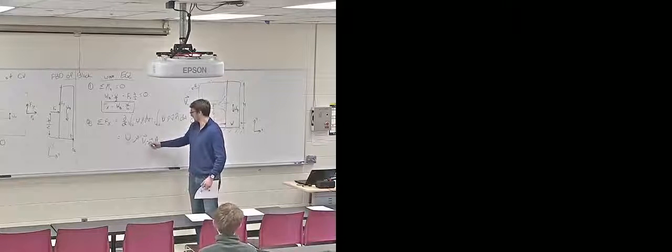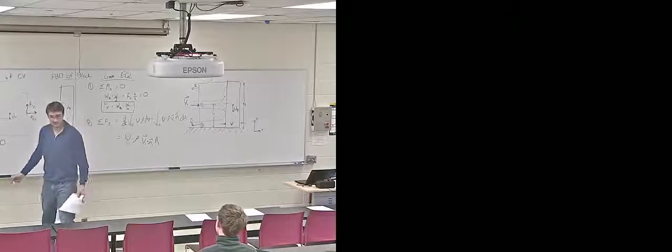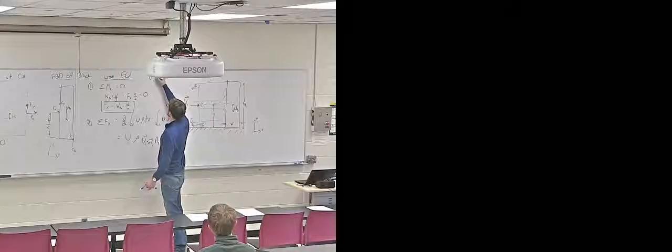So V1 dot n1, what do we know about this? Well, they just point in opposite directions, right? So it's going to be the negative magnitude of V1. If V1 is equal to U in the x direction here, we can simply say that V1 is equal to Ui plus 0j.